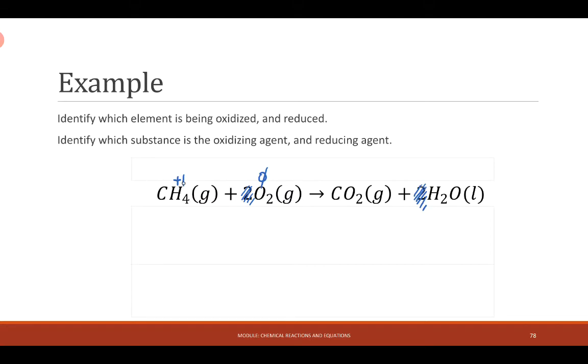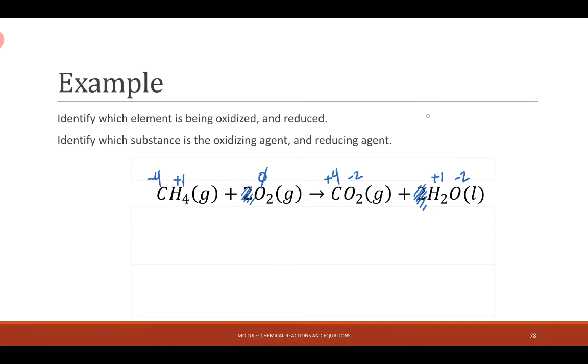There's 4 +1s, so that's 4 positive, and so carbon has to be a -4. Oxygen likes to be 2-. There's 2 oxygens in carbon dioxide, so that's 4-, and so carbon has to be a +4. In water, oxygen will be a 2-, and hydrogen will be a +1.